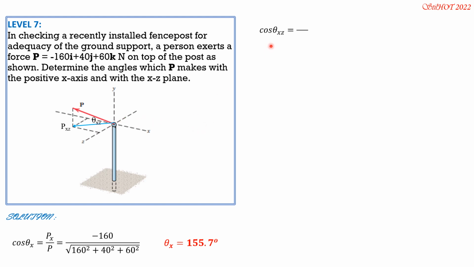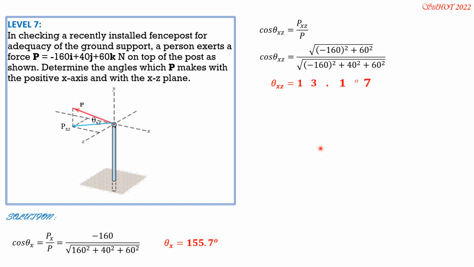So cosine of theta XZ is Pxz over P, and Pxz is the square root of negative 160 squared plus Pz squared, which is 60 squared, over P. You just copy this: square root of 160 squared plus 40 squared plus 60 squared. So using your calculator, theta XZ is 13.17 degrees.